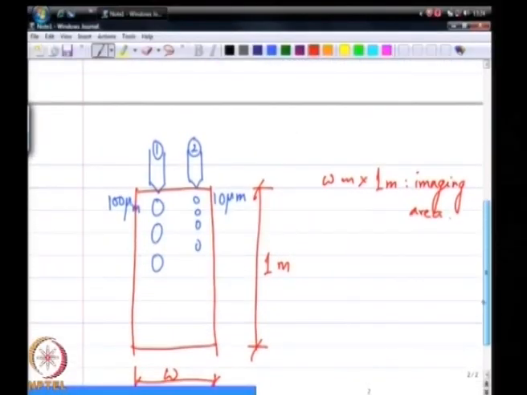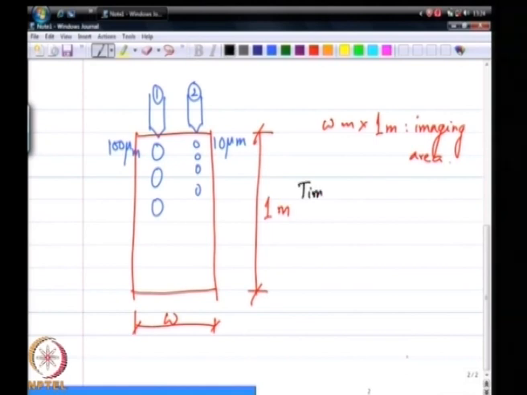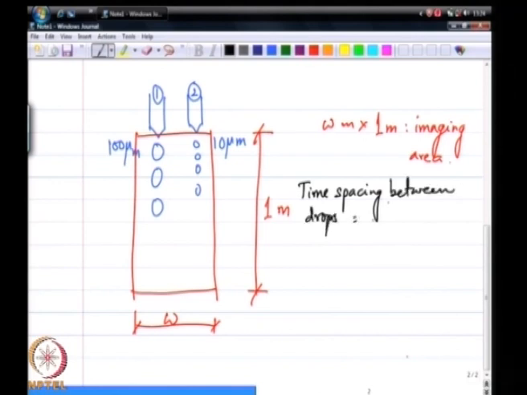If I take one snapshot that is 1 meter in height, the time spacing between drops is 1/10 seconds.